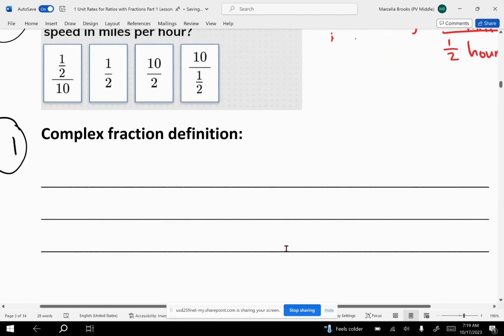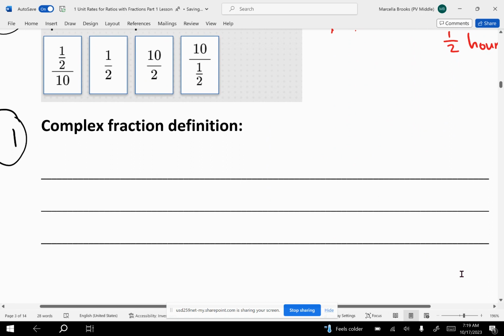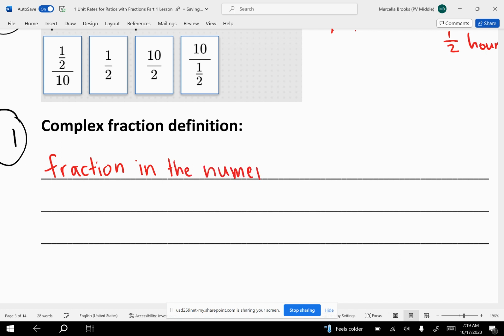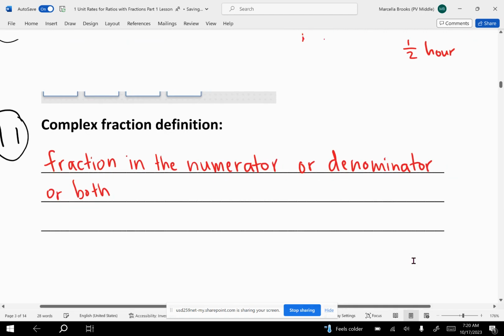So these are all examples of complex fractions. A complex fraction is a fraction in the numerator or denominator or both. So what that actually looks like, let me show you.